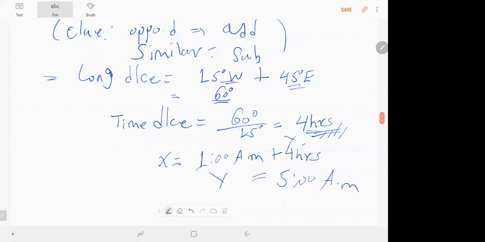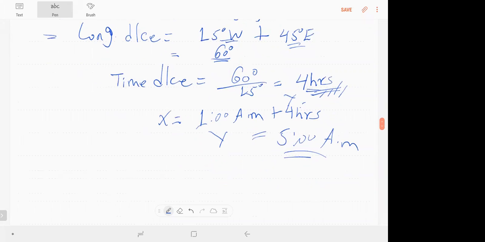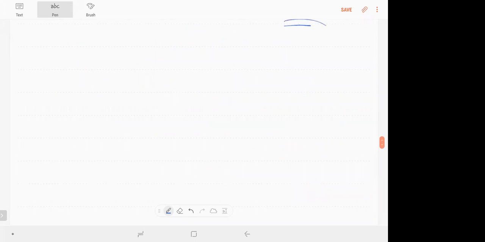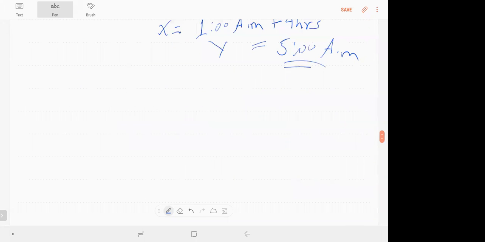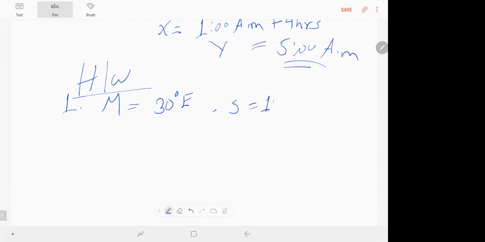Is it clear? Yes. This is a question for you to practice at home as homework. There is a place named M, located at 30° east, and the other place is named S, located at 105° east.